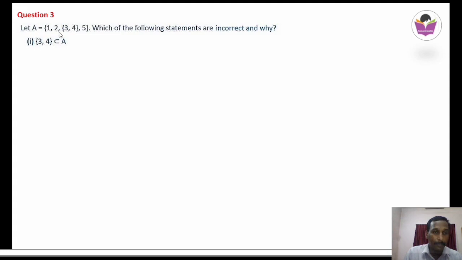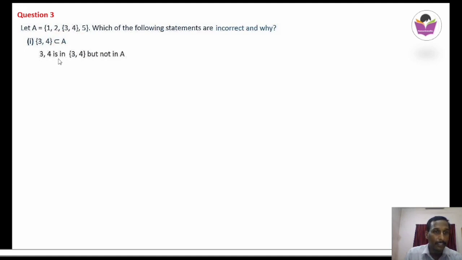We know the definition of subset: whatever elements are in the first set, the same elements should be in the second set. But here 3, 4 do not belong to set A. So this is not a subset.